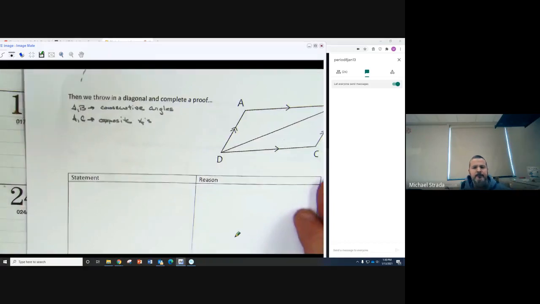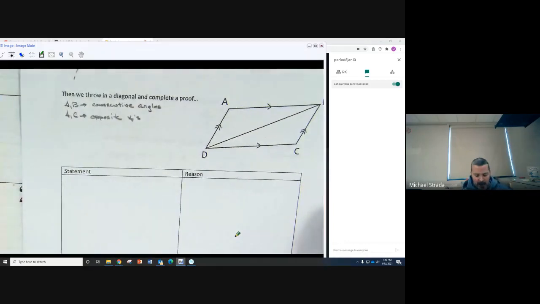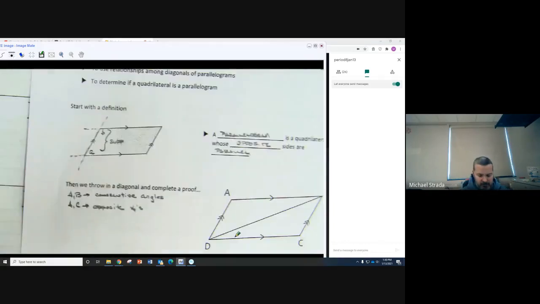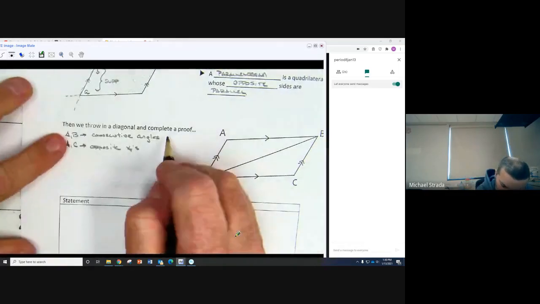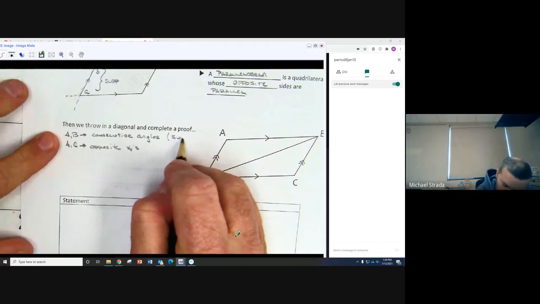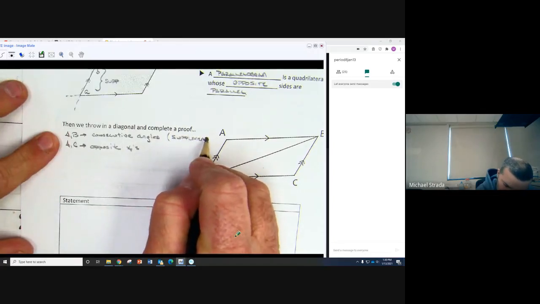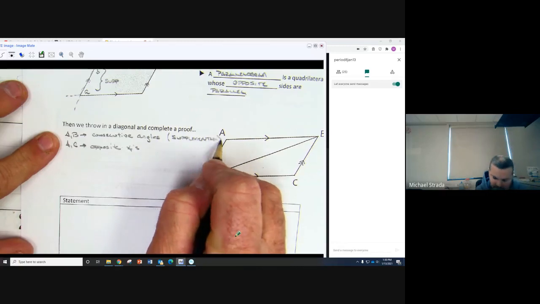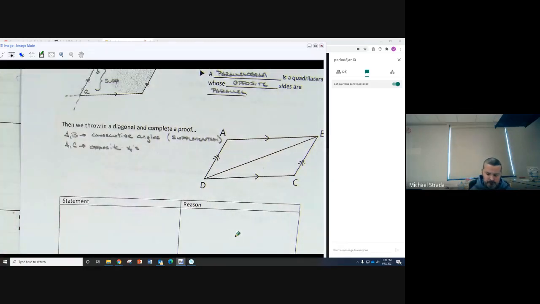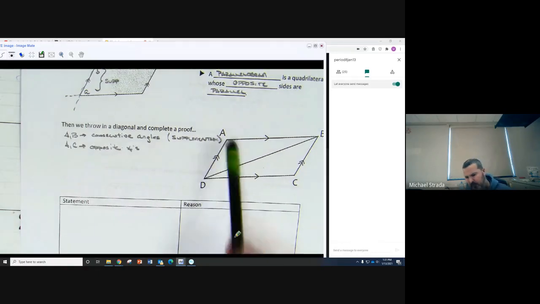Now, because of what we pinpointed up here, the same side interiors, consecutive angles of a parallelogram are always going to be supplementary. So if they tell you what angle D is, you subtract from 180 to get what A is.